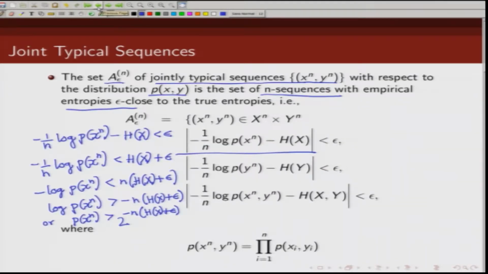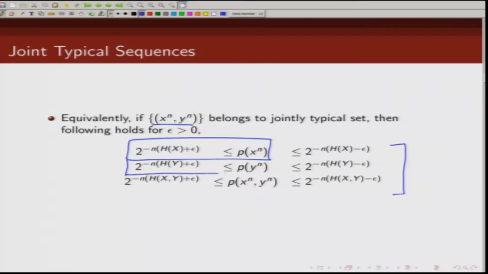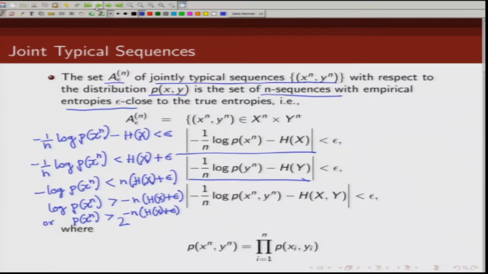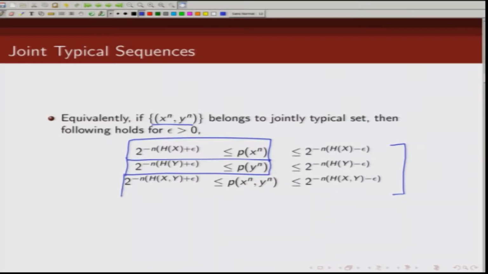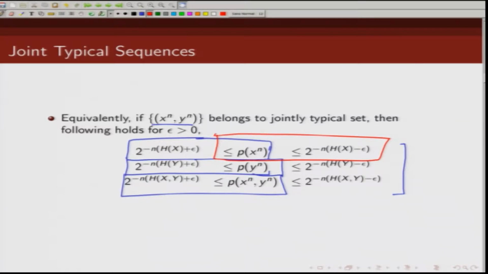Similarly, we can see from this condition we will get this one, and from this condition following the same procedure we will get this condition. Similarly, we can prove that P of x^n is less than or equal to 2 raised to minus n H of x minus epsilon, and we can also prove this as well as this.